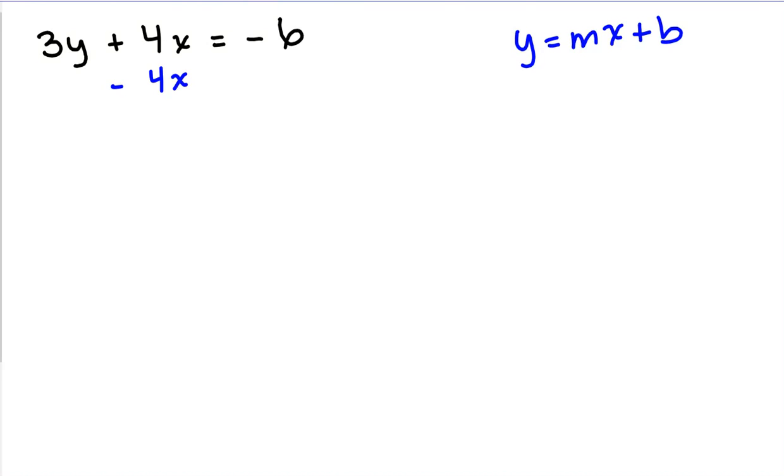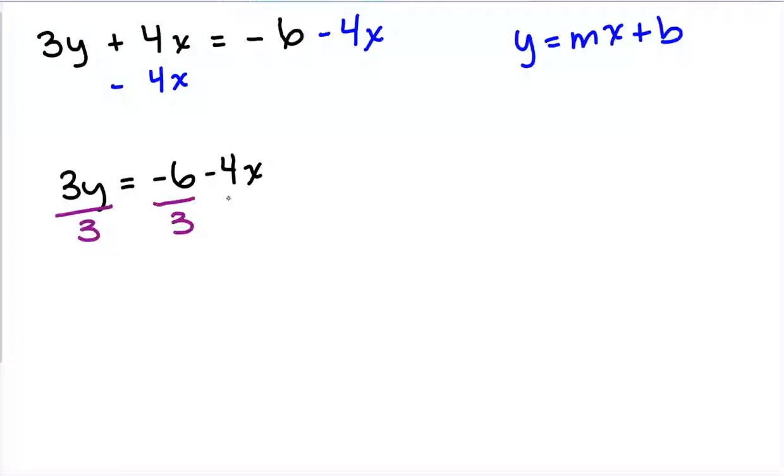Notice over here, there is no x, there's no like term, so we just add it to that side. Now we're left with 3y equals negative 6 minus 4x. Now we need to divide by the 3 to get the y by itself.